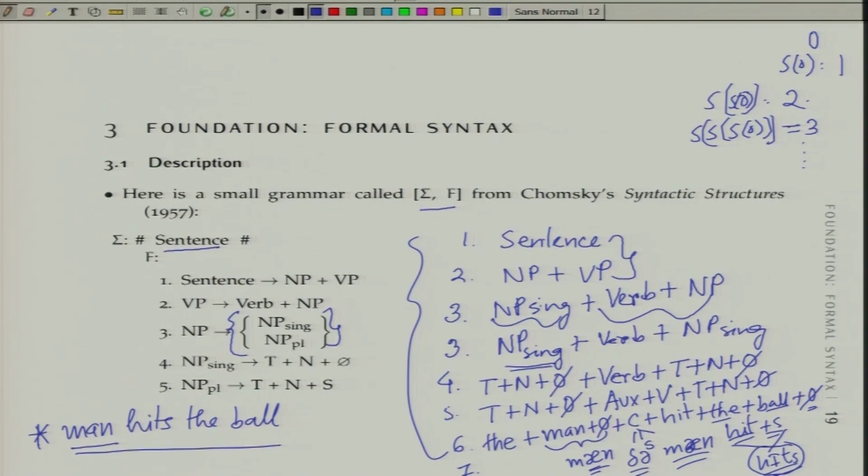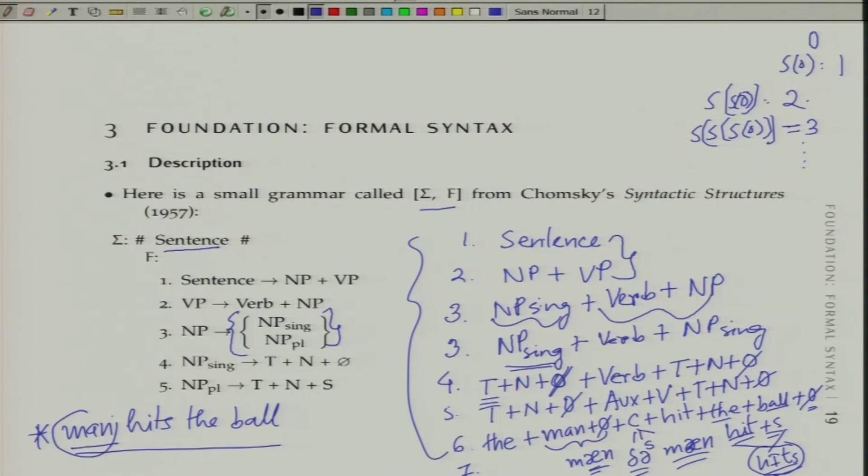It is because the first step is the sentence goes to NP-VP, that's fine, and NP goes to NP singular, that also is fine, but then NP singular goes to T plus N plus nothing. Here T is mandatory, you have to have the T, and T will be manifested as the, so you cannot skip the.